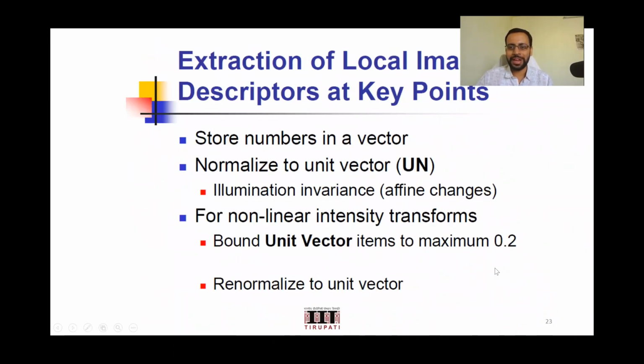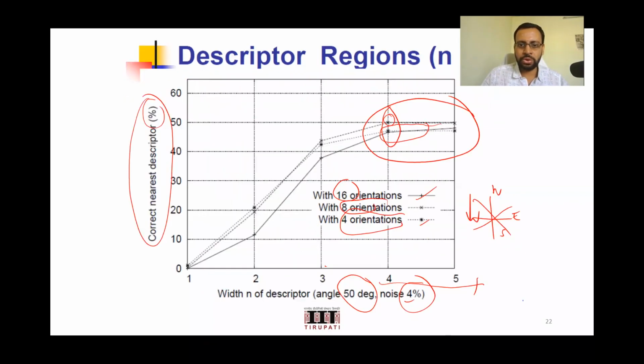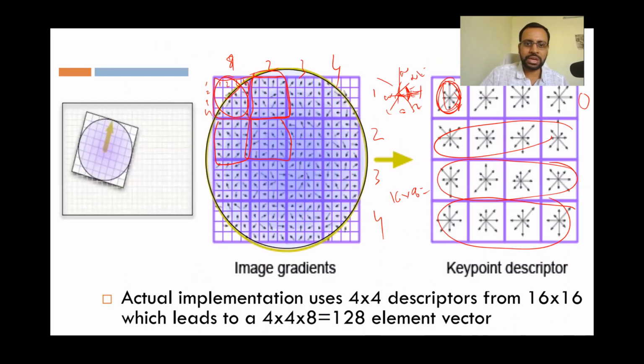As I said, there are a few more details here. One of them is, for example, that in a given image, because of illumination variance, there could be one peak coming in just one patch which you are considering. This might dominate your whole vector, right?